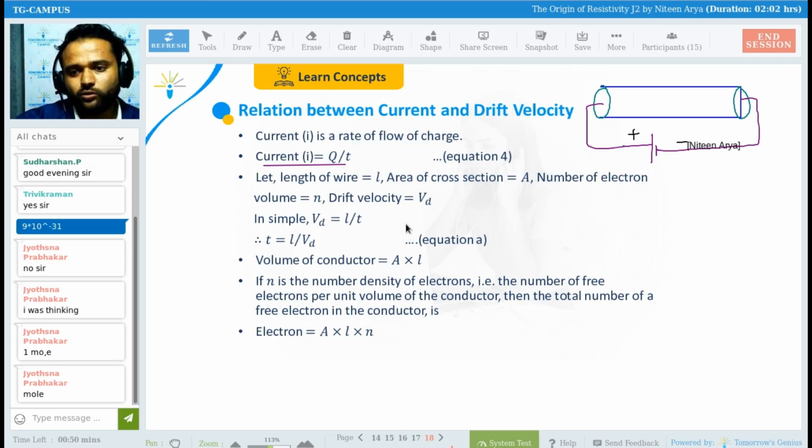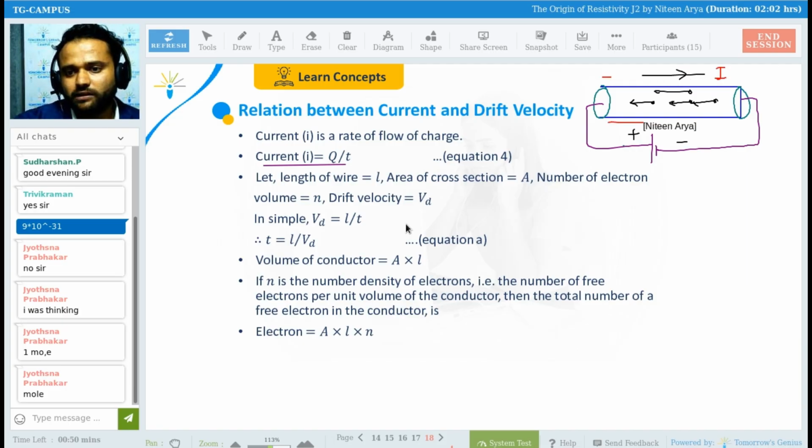Obviously electrons tend to move in this direction, opposite to the direction of the electric field. The electric field is going to be in this direction, and the current I is also going in this direction.